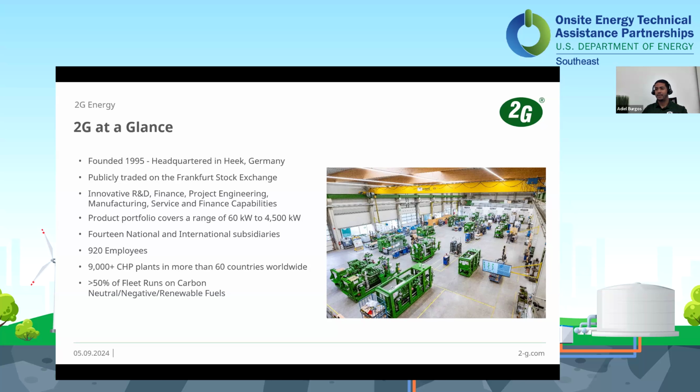We have installations all over the world, which is fun. Obviously, our focus here will be the Caribbean and the US. As Anna mentioned, we manufacture our own engines from 50 kilowatts up to 1 megawatt. After 1 megawatt, we have partners where we containerize our solution, and the latest update goes up to 4.5 megawatts. So getting up there.